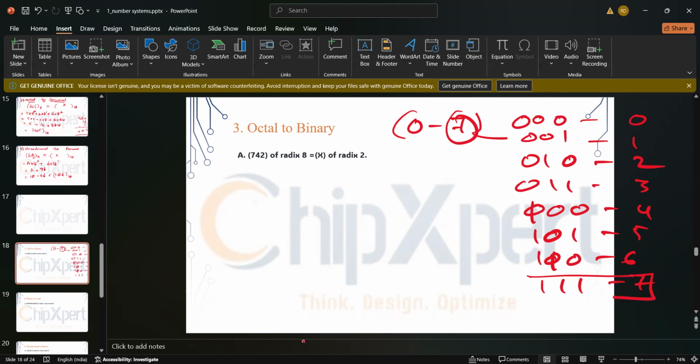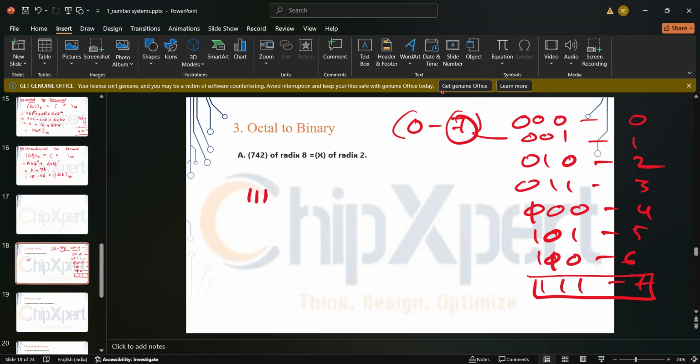To represent 7, I need 3 bits, right? 7 is the highest digit in an octal number. That means for each and every octal digit, I need to add 3 bits. What was the representation of 7 in binary format? 1 1 1.